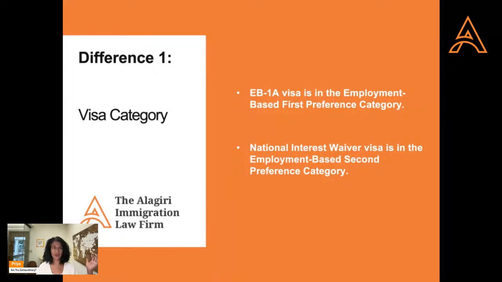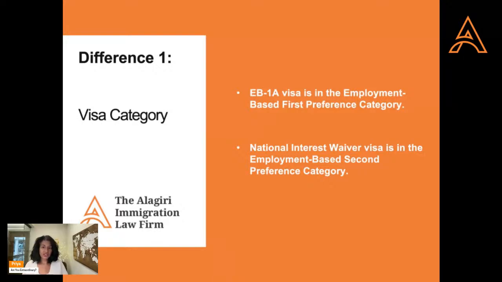As some of you may know, there are about five or so visa categories, and the EB1A is at the top. It's the first category. It's very popular because of the reduced wait times to be eligible to apply for a green card. It's a much faster route.